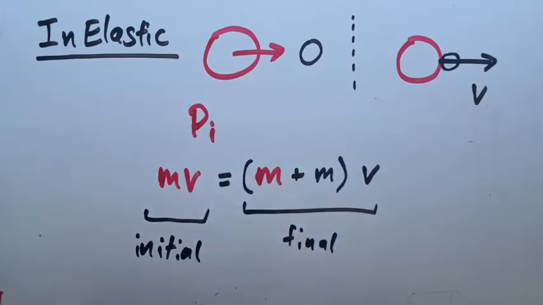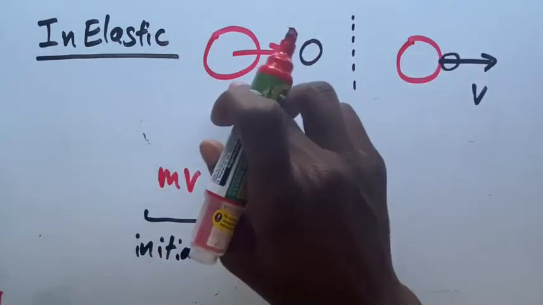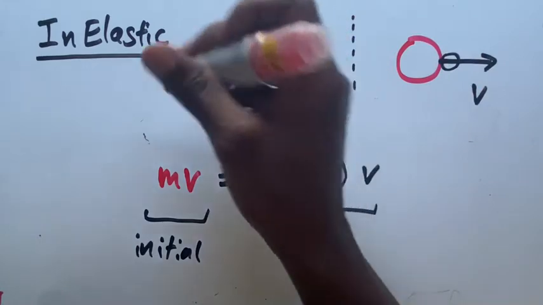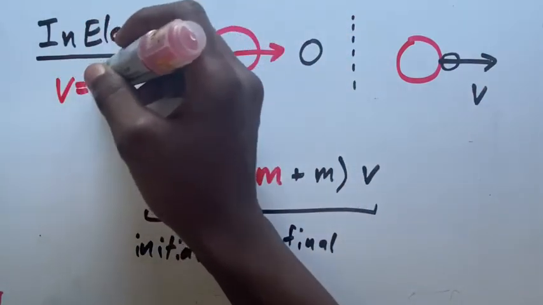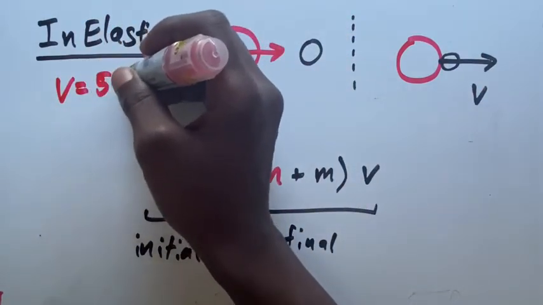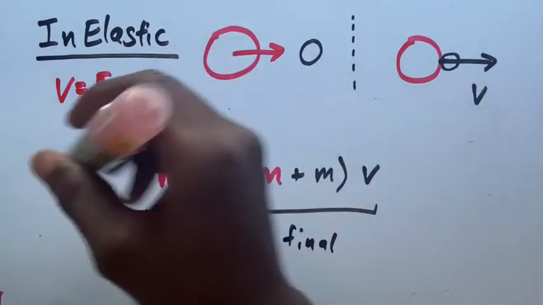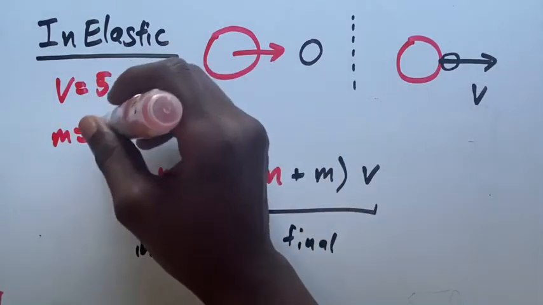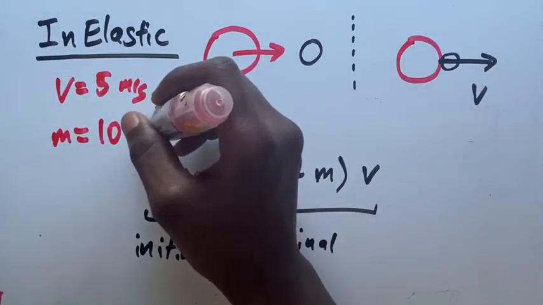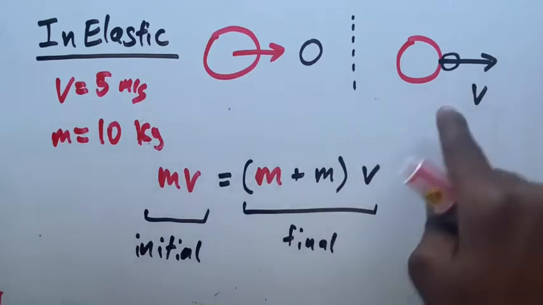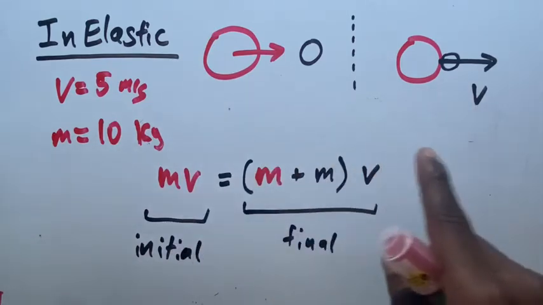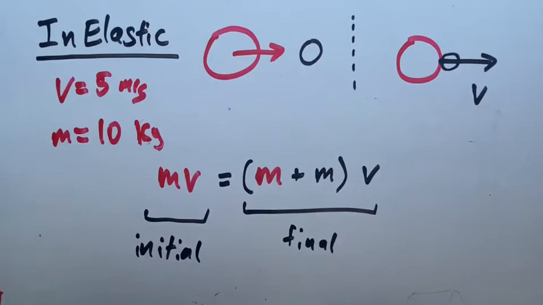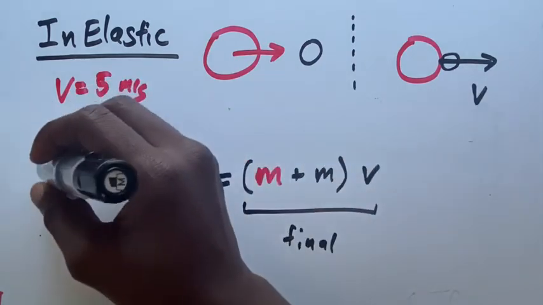And so using the same numbers, I'm just going to use this initial velocity to be 5 meters per second. Mass of the big one, I think we said it was 10, if I remember right. And let's say, yeah, the mass of the smaller one was just 1.